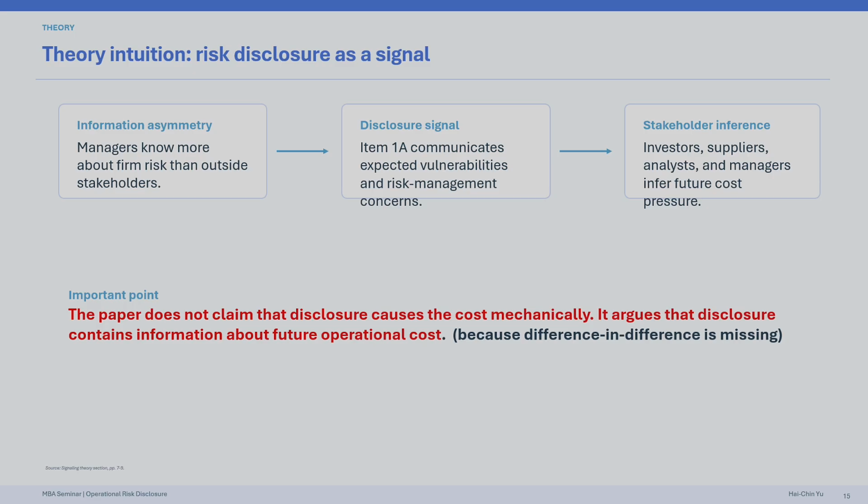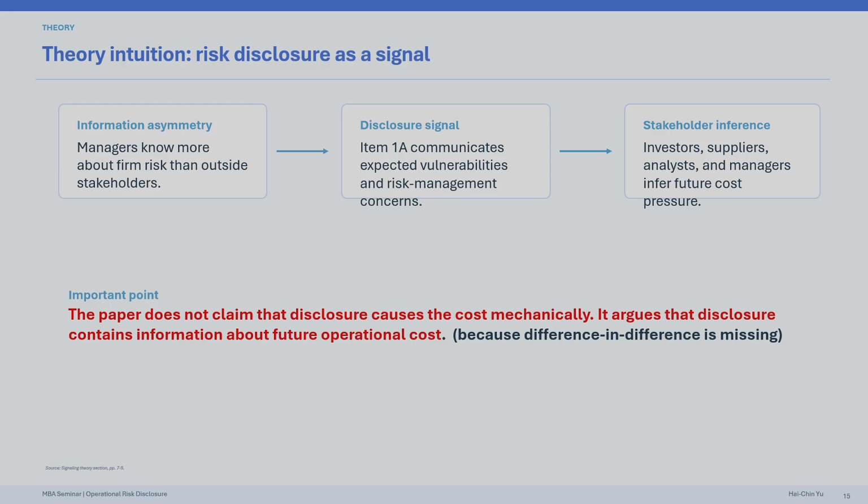Theoretical intuition is risk disclosure is a signal because of information asymmetry. Managers always know more about the risk than the outsider. So there is a disclosure signal. Item 1A communicates expected vulnerability and the risk management concern.